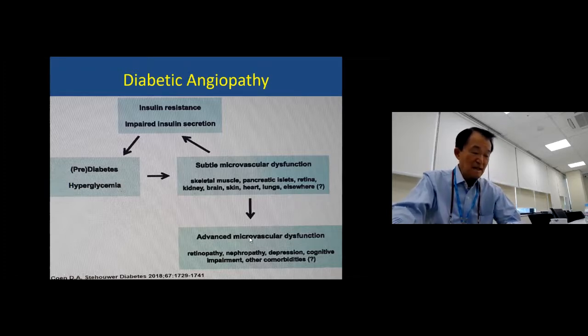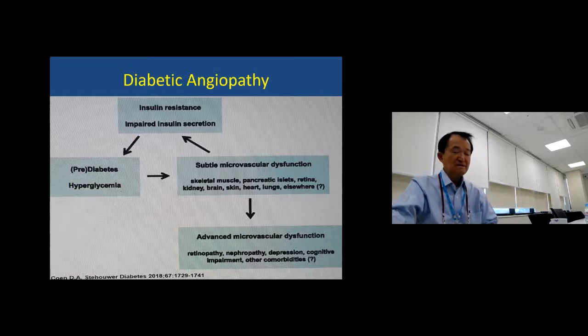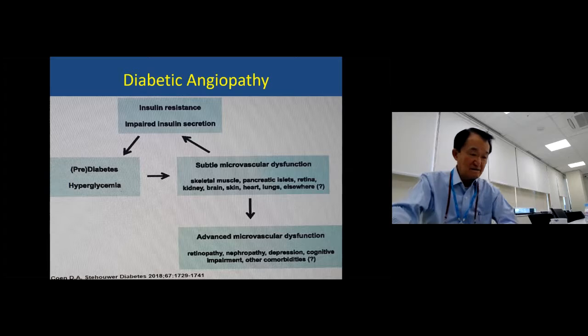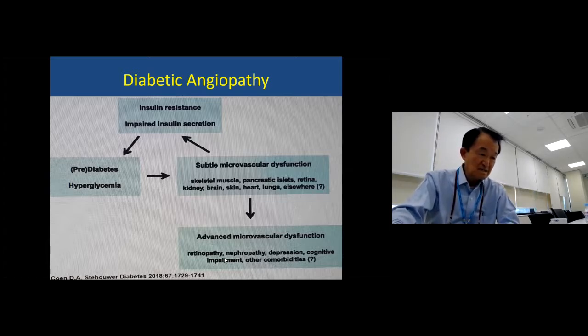And so diabetes itself is not the problem, but the complications like microvascular dysfunction are the problem, and also a cause of death and morbidity: nephropathy, retinopathy, blindness, renal failure, and also loss of leg, amputation, because of no circulation in the feet or hand, that kind of thing.